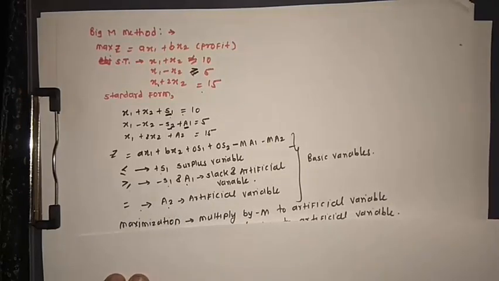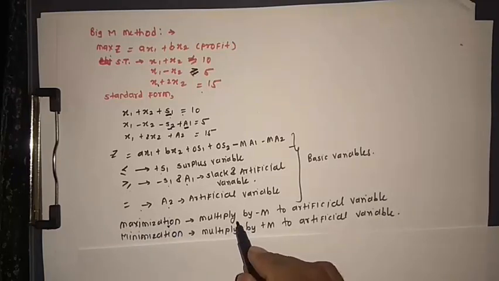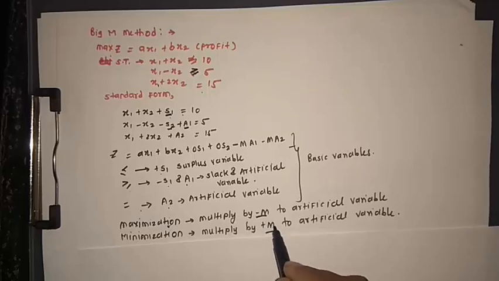Now, when we consider these variables in the objective function, if our objective is maximization, then we add the slack and surplus variables, s1 and s2, with zero coefficients. Whenever we add an artificial variable, we multiply its coefficient by minus M or plus M and add it to the objective function.